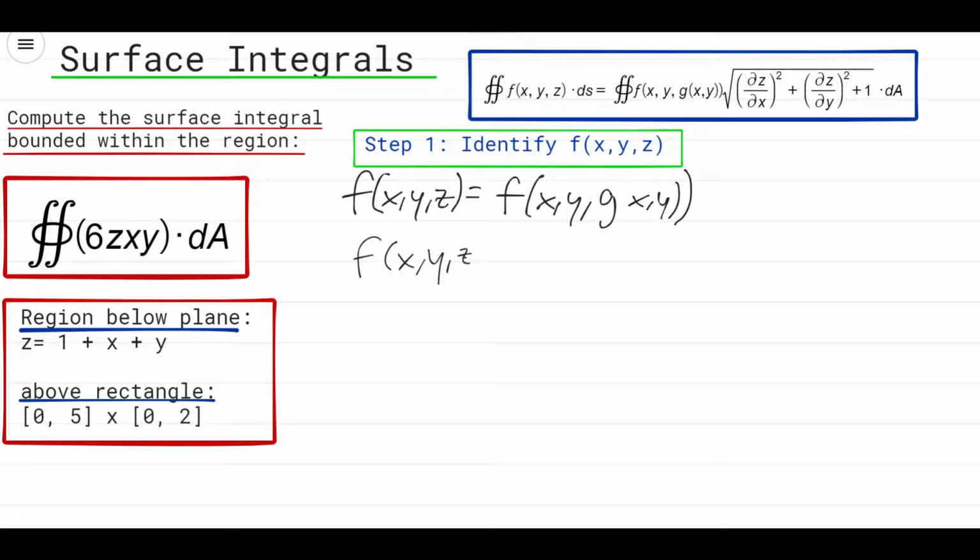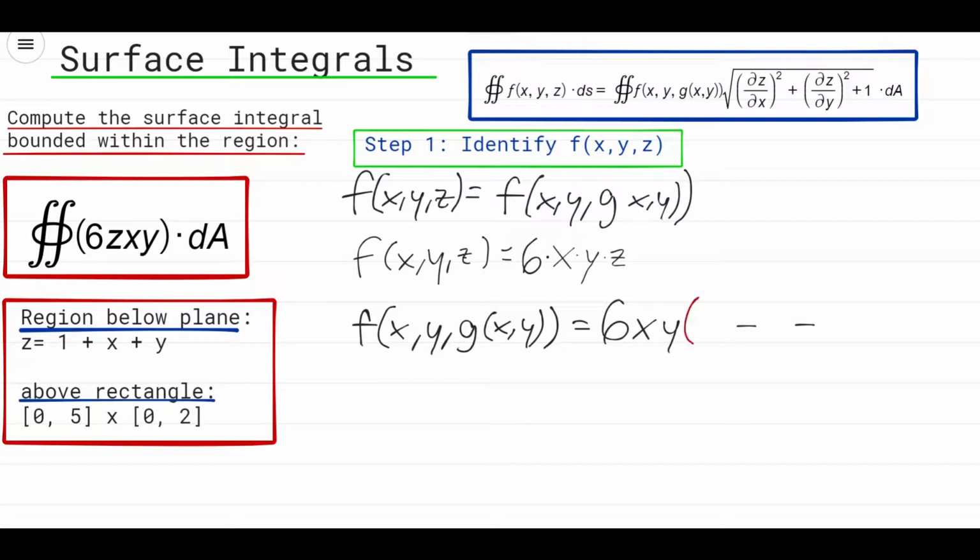We know f(x, y, z) given to us is 6zxy, or I'll rewrite it as 6 times x times y times z. And f(x, y, g(x, y)) is equal to 6xy times g, and we're going to substitute the z that we're given in the region for g(x, y), so in terms of x and y it's 1 plus x plus y.